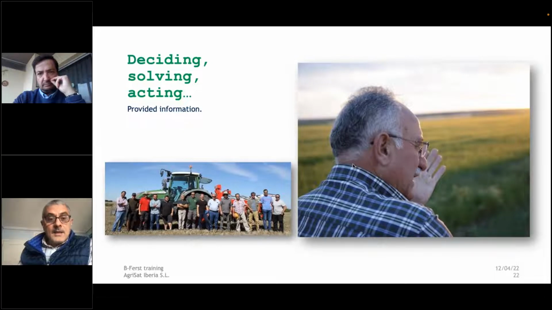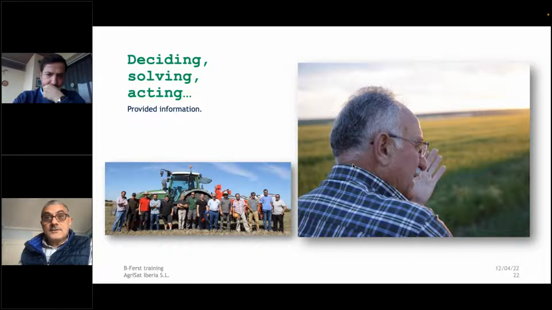And finally, observing and evaluating the growth is necessary to decide to solve a problem or to take action. Very often, thanks to the comprehensive information provided by remote sensing, you can make the most difficult decision for a consultant.